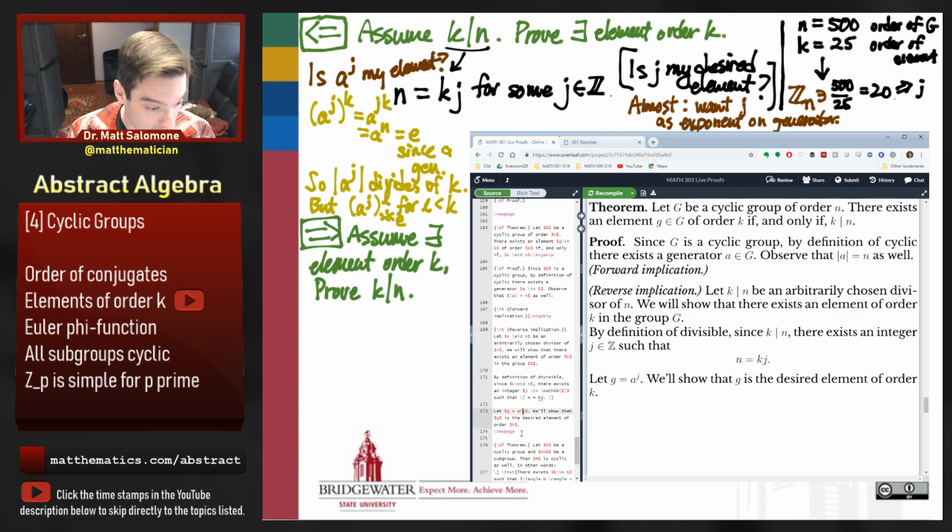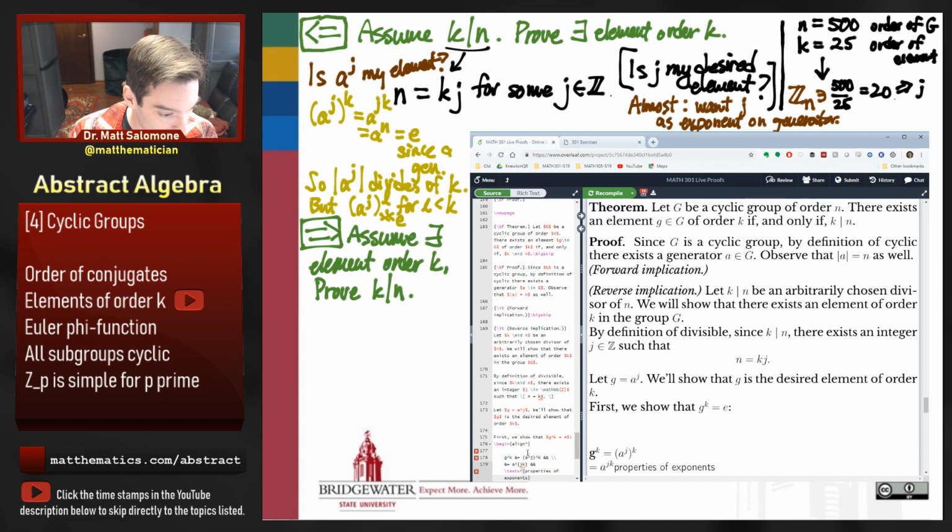We'll show that g is the desired element of order k. And again, we do that in two parts. First, we show that g to the power k is equal to the identity. And that is where my napkin calculation comes in once again, right? The calculation that we did right here. G to the power k is equal to a to the j to the power k, and that's equal to a to the power jk, by properties of exponents.